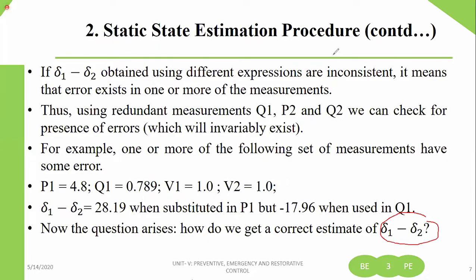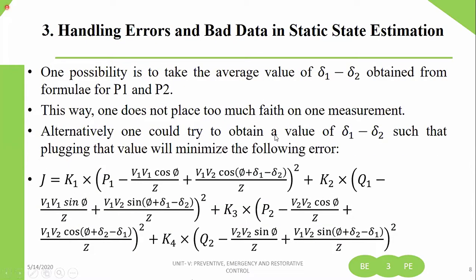That is known as error handling, or handling errors and bad data in static state estimation. How to handle such a case? Because let's say 1 to 2 p.m. Thursday, that time may come again, but that day will not come back, right?